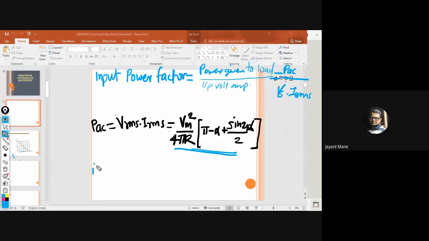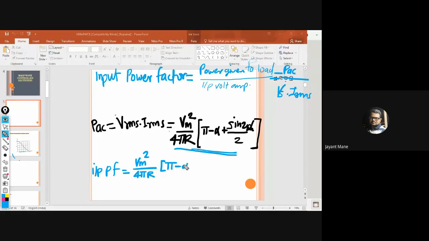Therefore, directly input power factor will be equal to PAC, which is Vm square by 4 pi R.